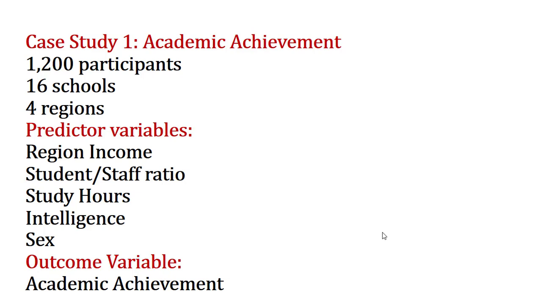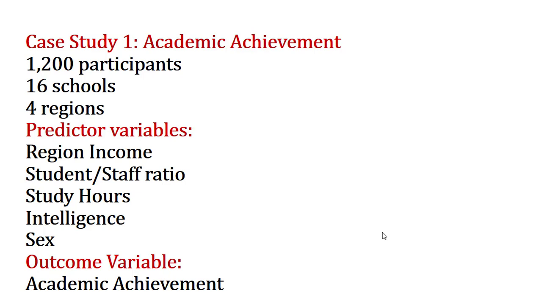So what people did in the past was, well, there were several things that they tried to do, but sometimes the most popular was, if we want to analyze the effect of region income on participants, then we use that analysis separately from the analysis in which we investigate the other variables.